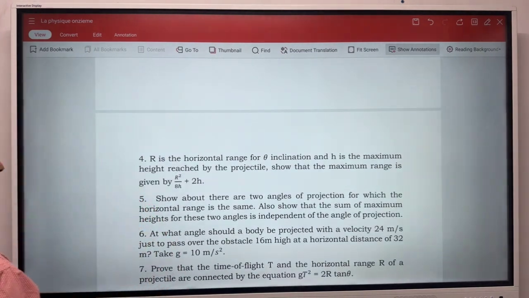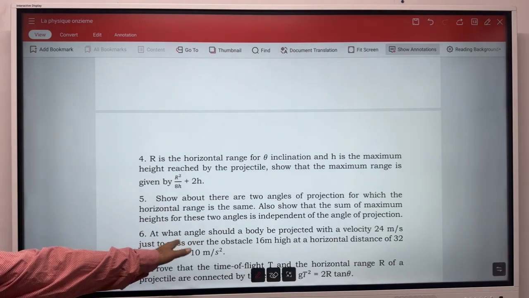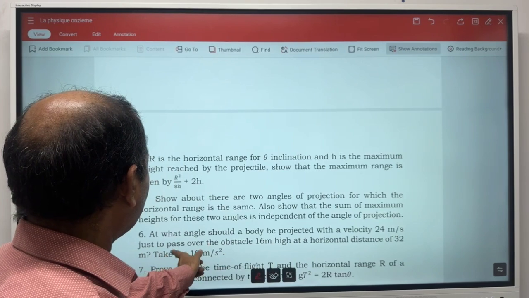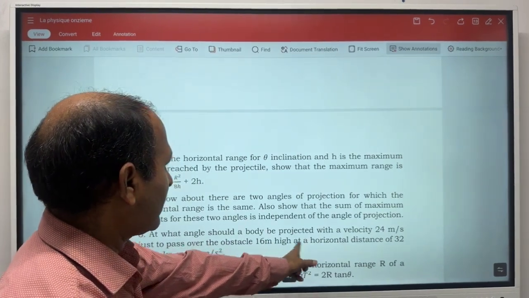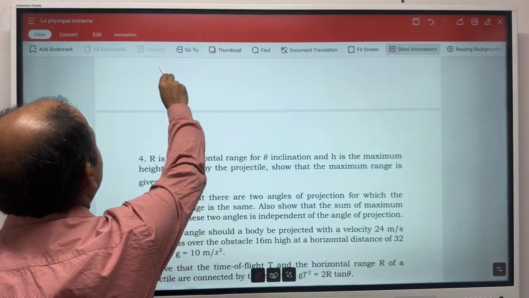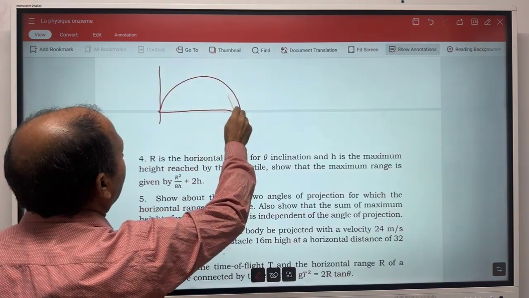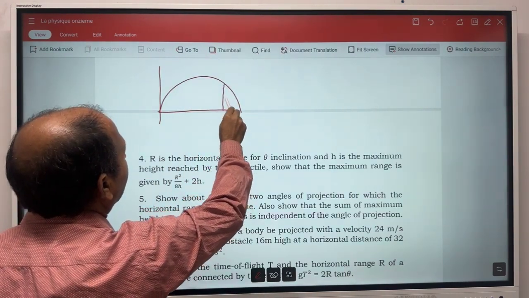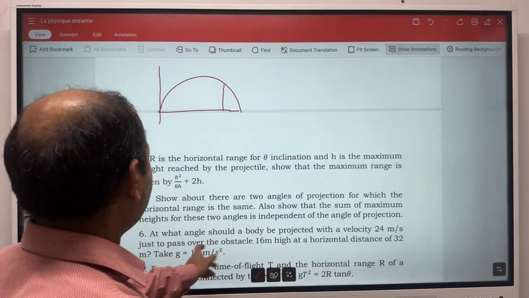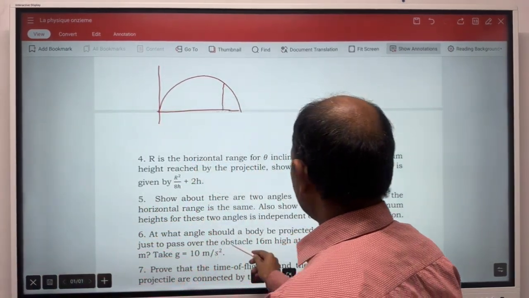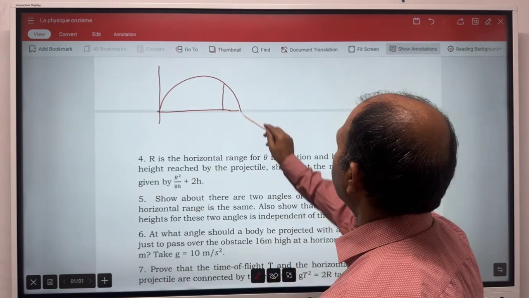Question says, at what angle should a body be projected with velocity of 24 meter per second just to pass over the obstacle 16 meter high at horizontal distance 32 meter? Let's see the situation. So projection is like this. Its height is given, over the obstacle 16 meters.